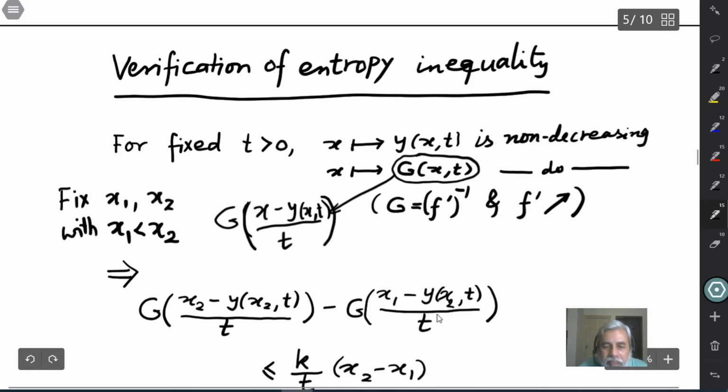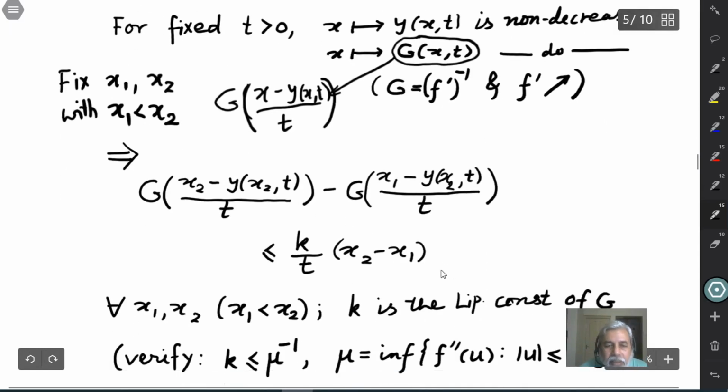Consider this expression: g of (x2 minus y(x2,t)) by t minus g of (x1 minus y(x2,t)) by t.